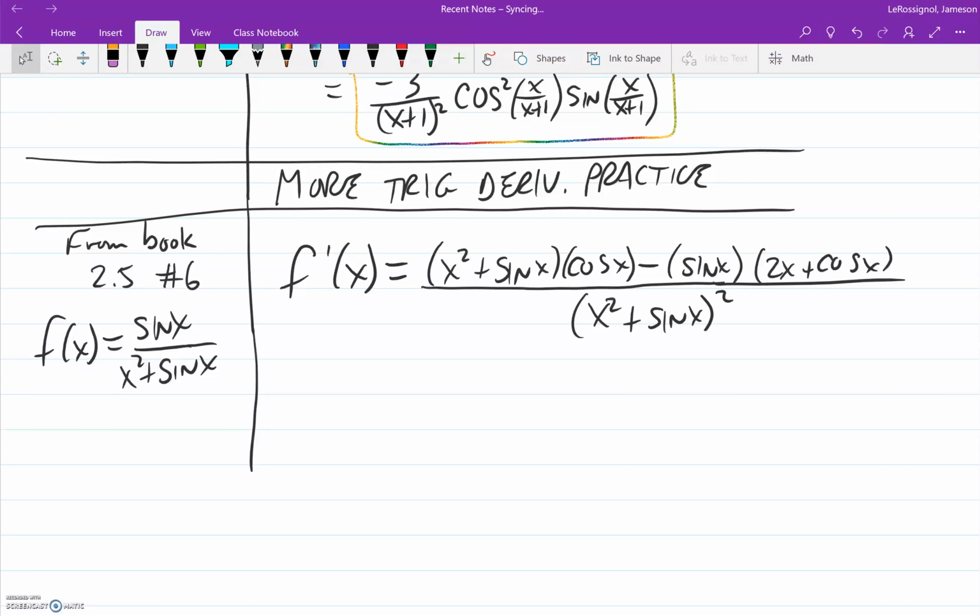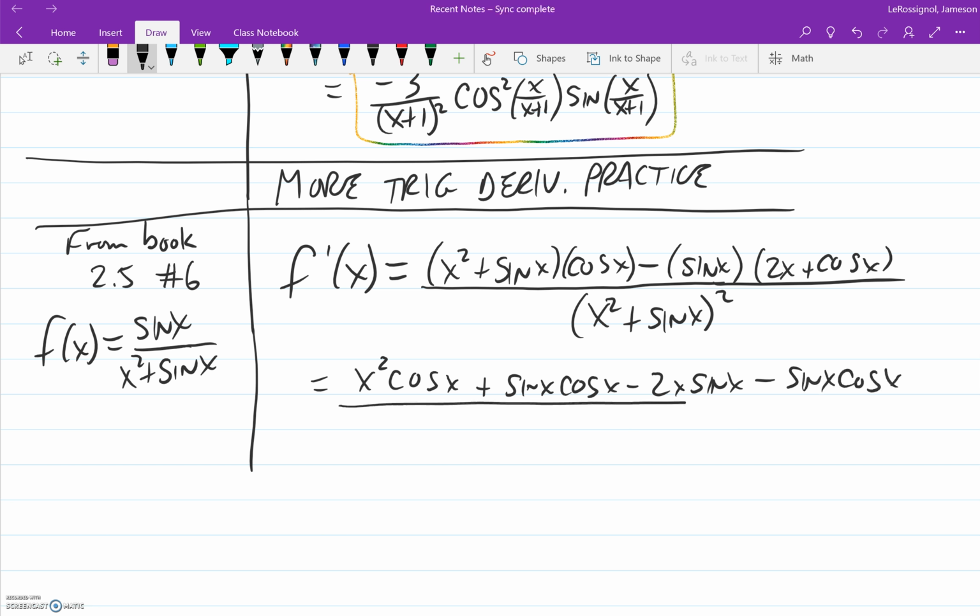All right, so there's the setup. Now we just need to multiply through a little bit, see what's going on up on top. A lot going on up here. So we got, let's see, x squared cosine x plus sine x cosine x minus 2x sine x, and then a minus sine x cosine x.